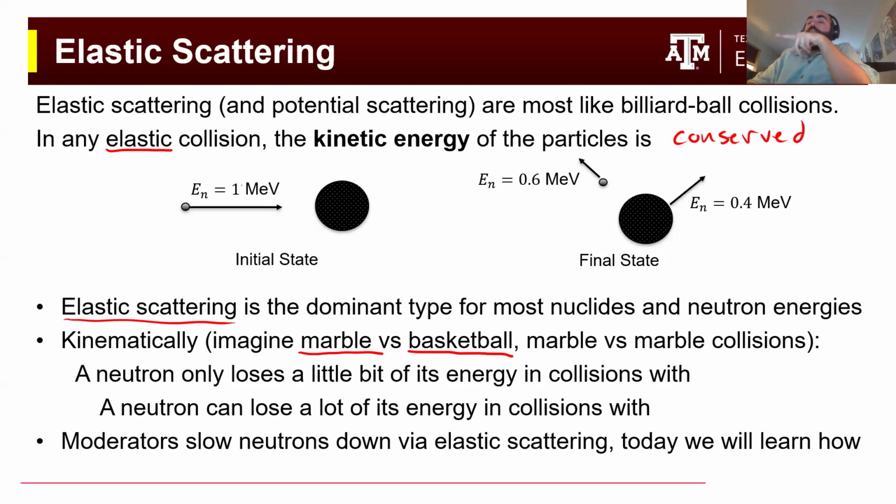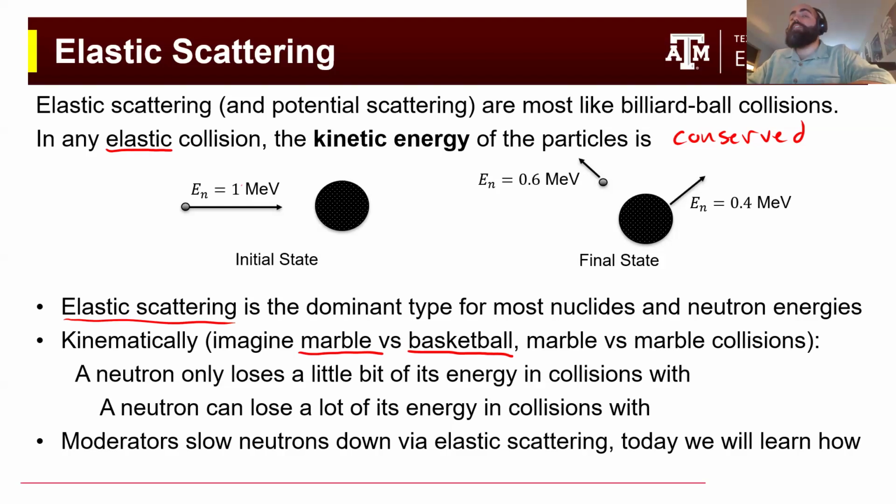The marble is going to bounce off, and the basketball is barely going to recoil, right? So if the basketball barely moves, that means the neutron didn't really transfer very much energy to the basketball.